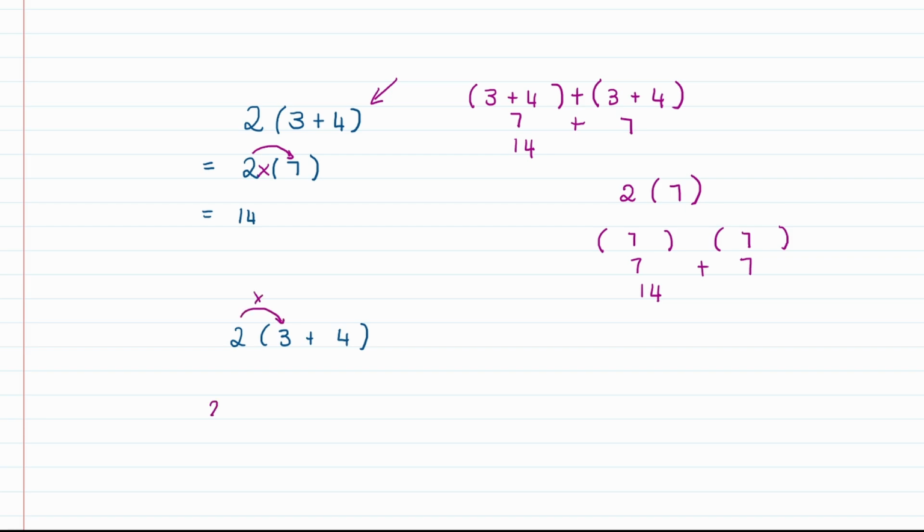So, for example, we could multiply the 2 by 3 and then multiply the 2 by 4. 2 times 3 equals 6 and 2 times 4 equals 8. When we add the 6 and the 8 together, we still get 14. So here is more than enough proof that anything sitting in front of a bracket is going to multiply into the bracket.